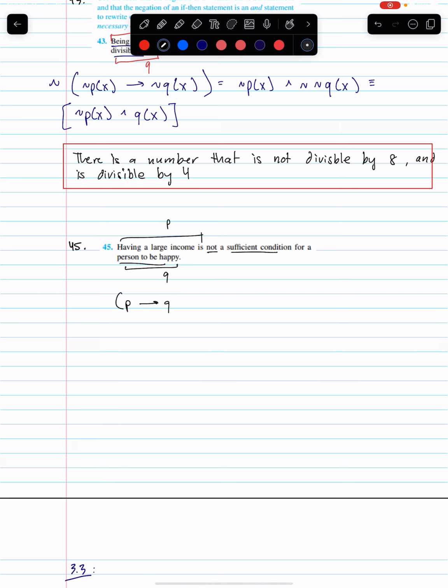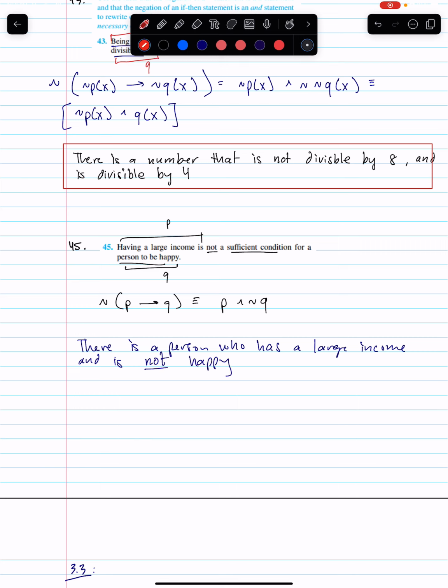Sufficient condition means if P then Q, so if we negate this it is equal to P and not Q. So if you want to write this out, we'll say there is a person who has a large income and is not happy. Right? P and not Q.